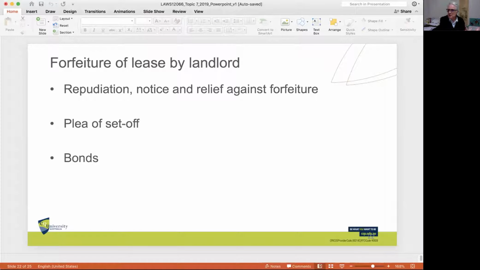This again takes you in this direction of, you might remember from your contract law studies, of what was the basis of basically being able to walk away from obligations under that relationship. And then other issues around, for example, plea of set-offs, and also how bonds work in the context of lease relationships where they can be on foot.